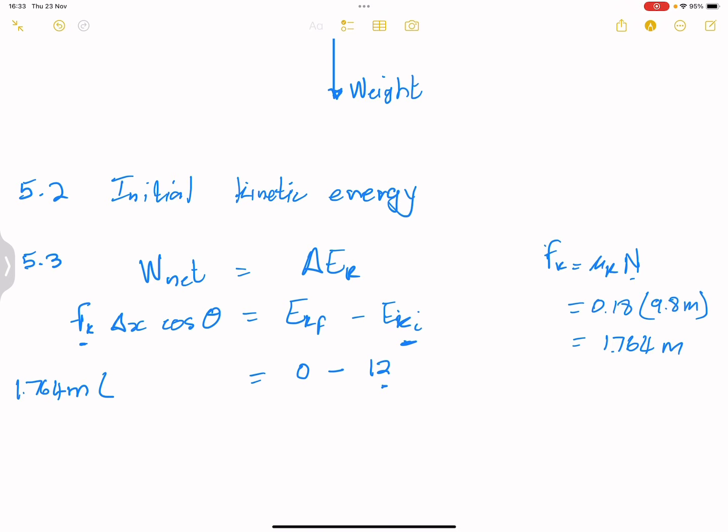Remember, when we used that initial kinetic energy, we said the distance was 3, and multiplied by the cos of the angle between the direction of motion and the frictional force, which will be 180. So we've got minus 12 here, equals 1.764 times 3 times cos of 180.